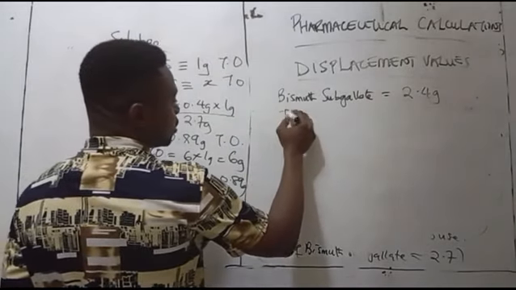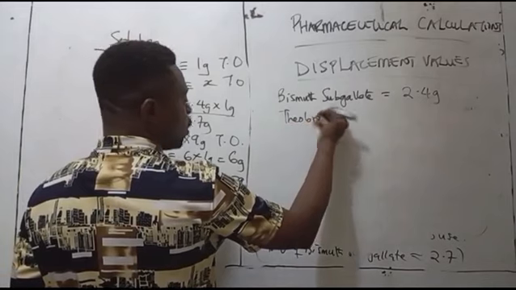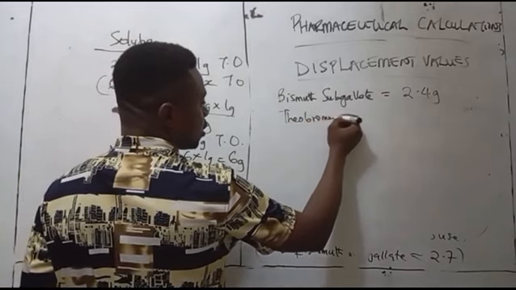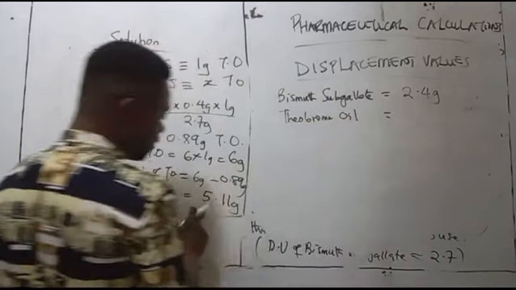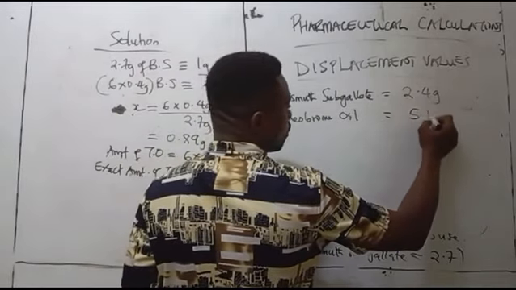Then theobromine oil, or base, is 5.11 gram.